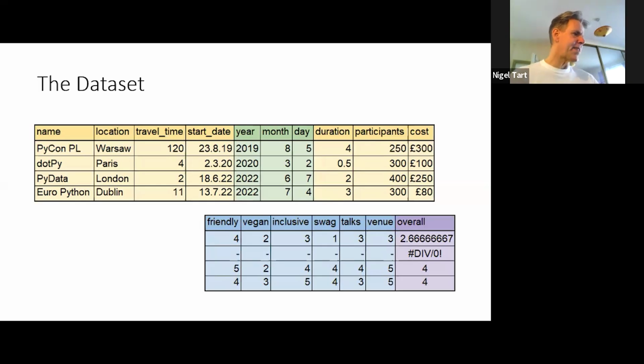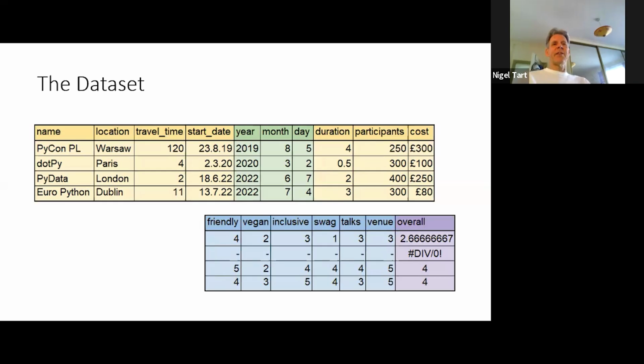Right, got a comment from Send. Data type in the overall column is not the same type. It is actually a calculated column, that you can probably spot from the #DIV/0. That was just copied and pasted from Excel. So it's just the average. It calculated the mean. So if it's a whole number, it doesn't put 0.0. Python, or the notebook we're going to use later, when it calculated the average, it would probably put 4.0.